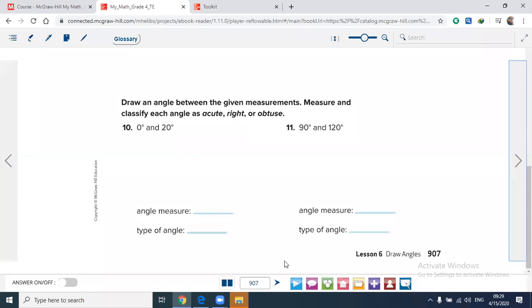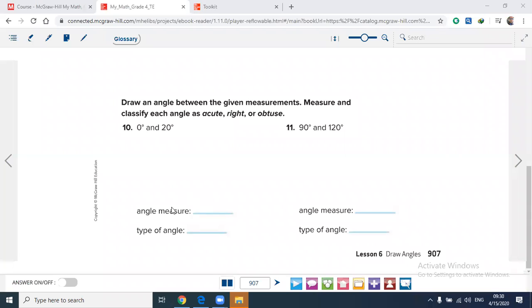Write an angle with measure between 0 and 20. So I have to use my protractor and my ruler to draw an angle with measure between 0 and 20, which is maybe 10, 15, 18, 17, as you like.